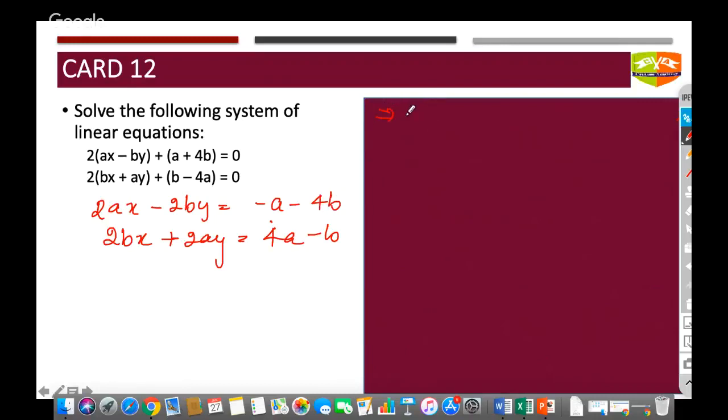If I start substituting, I find that minus 2by is equal to minus a minus 4b divided by 2a. So y will come out to be a plus 4b divided by 2b, sorry, 4ab. Now to put this value and do all these things would make the process tedious.